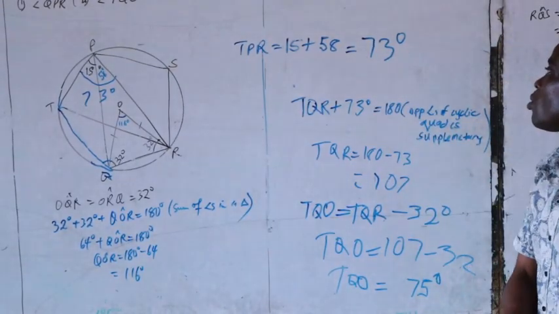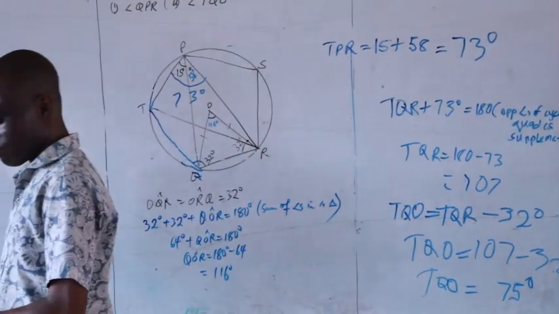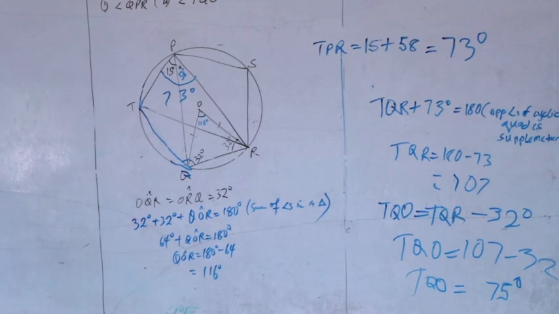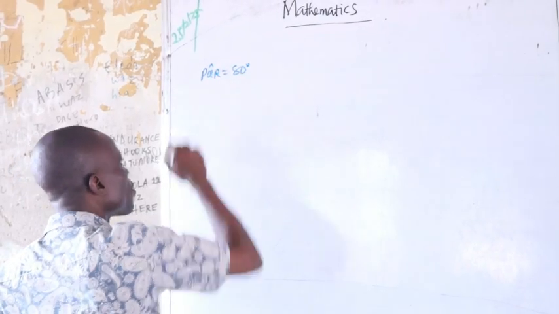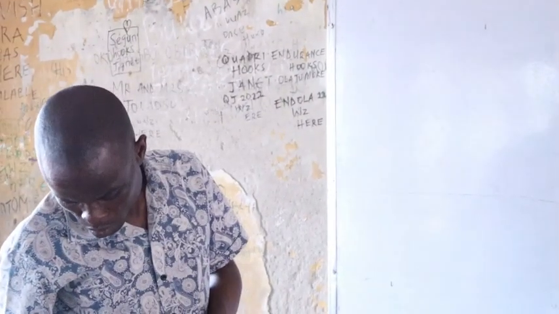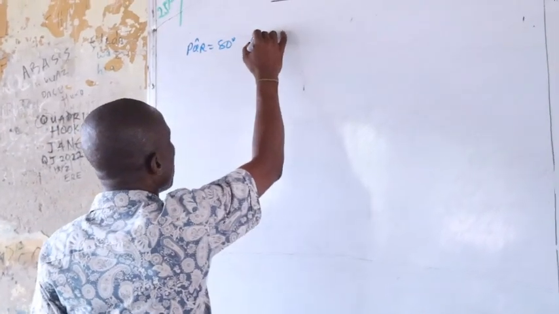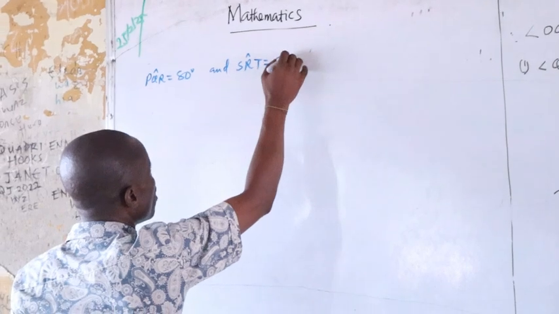15 plus 58, which is equal to 70. Don't just write 15 plus 50. What is that? 80 degrees and SRT equals 20 degrees.